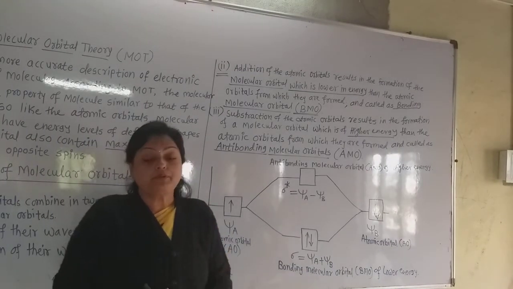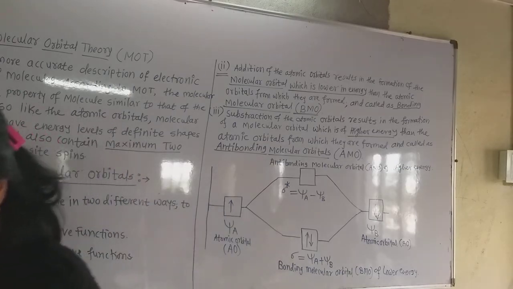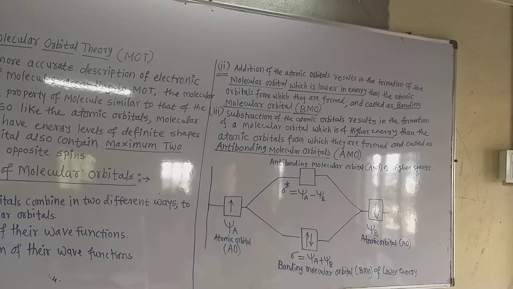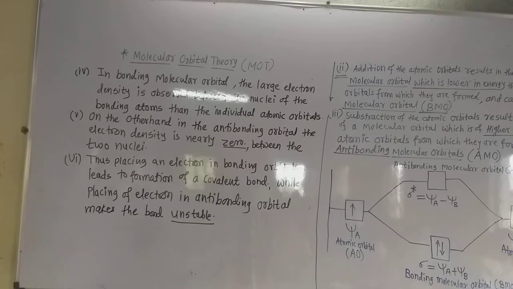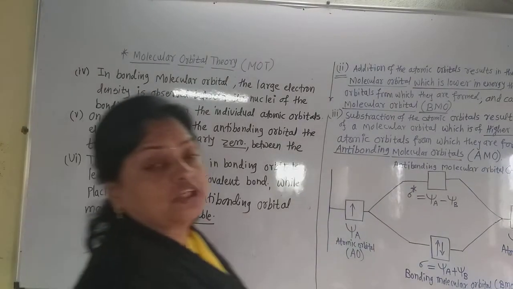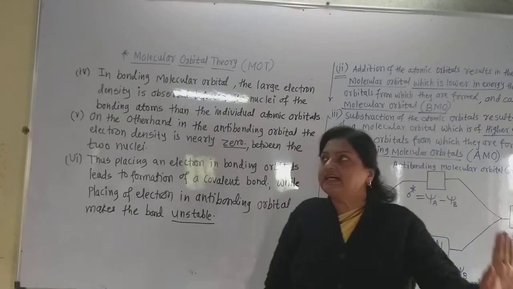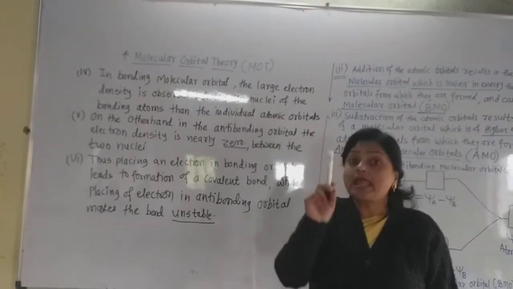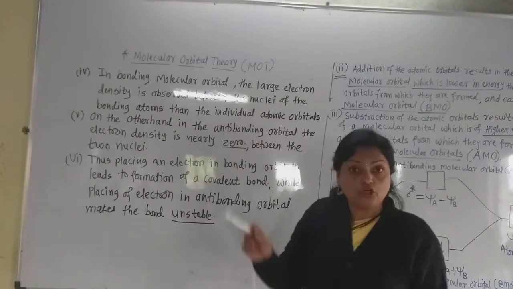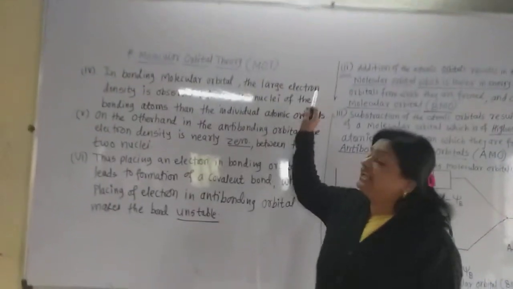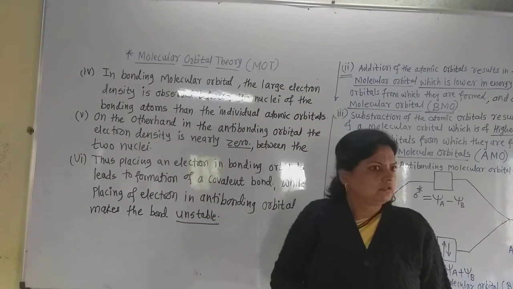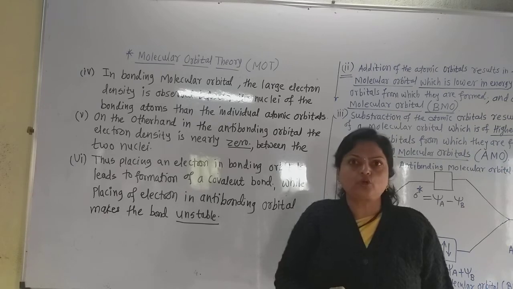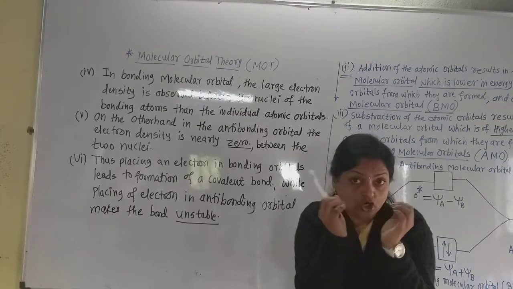Now what are the other properties of the molecular orbitals? Let us see that again. In the bonding molecular orbitals, BMO, the large electron density is there, the electrons gather and come together.